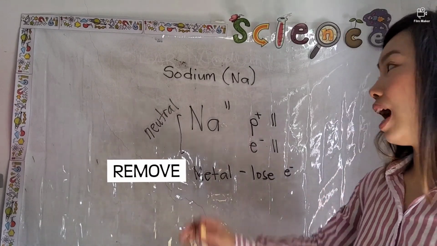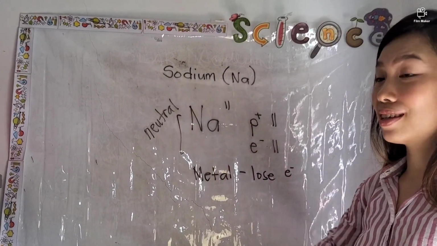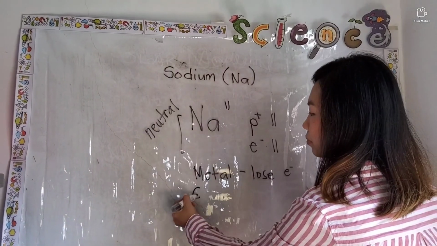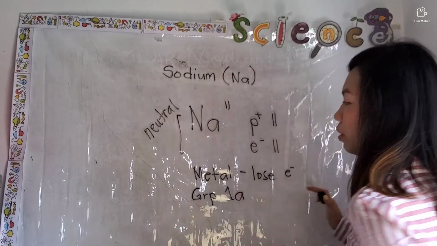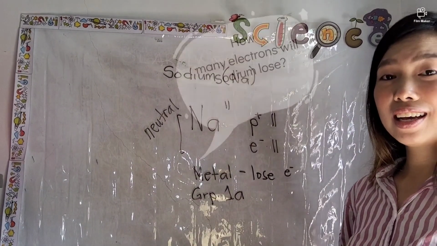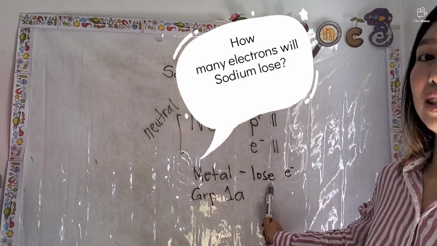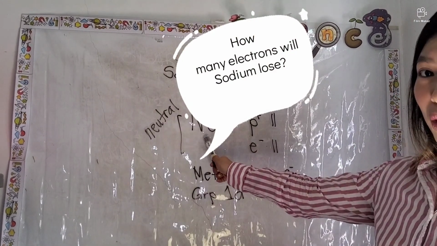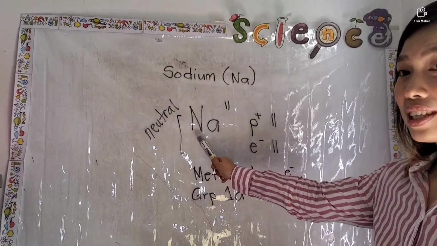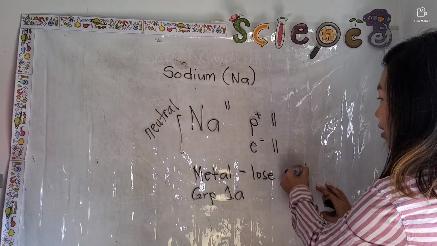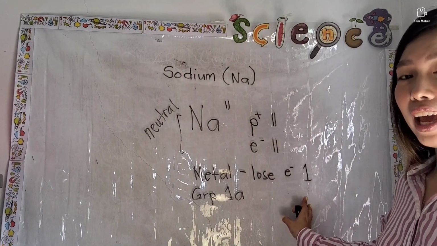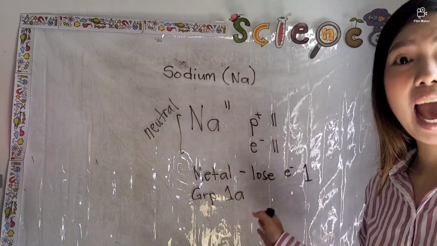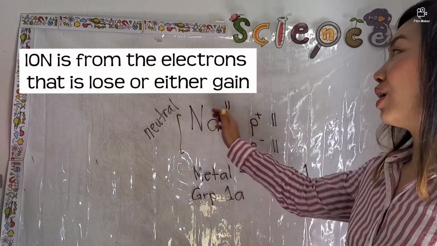Ngayon, dahil ang ating sodium ay nasa group 1A, so ilang electrons ang ilulose ng ating sodium? So, yung ating sodium ay maglulose ng isang electron. So, ngayon, ito na yung magiging ion nung ating sodium.